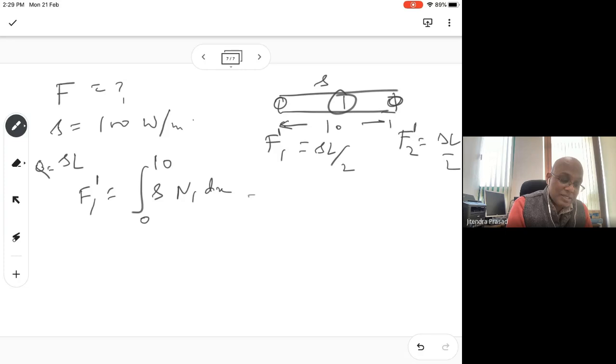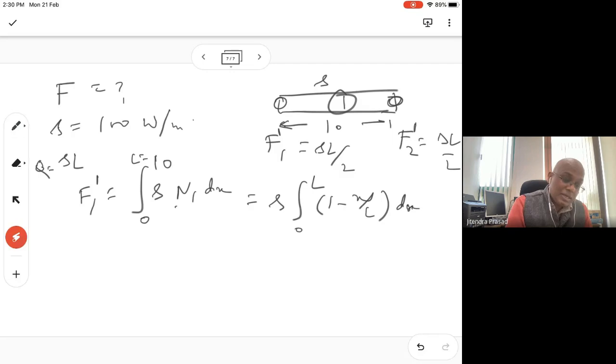S is constant, and 10 is basically L, so let's write L. So 0 to L of N1, which is 1 minus x over L, dx. And this is nothing but L over 2 simply, which is equal to SL over 2. And similarly, you can get F1,2 as well.